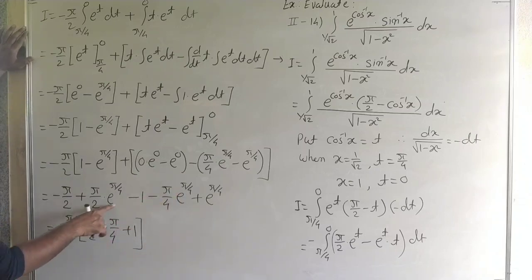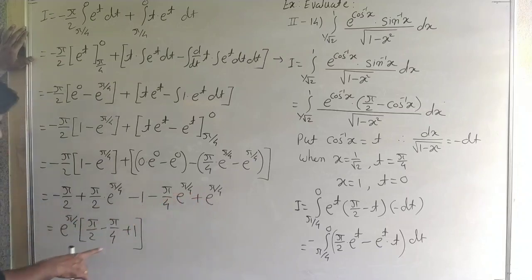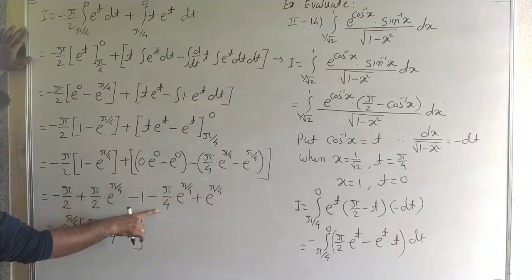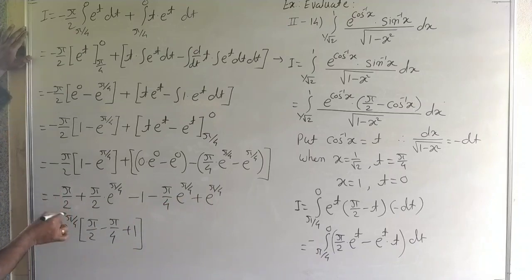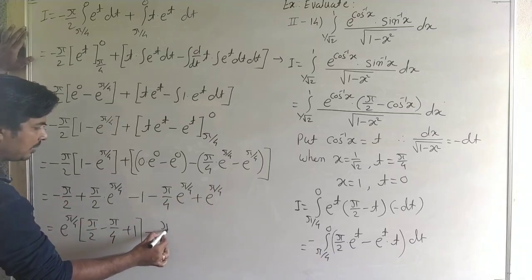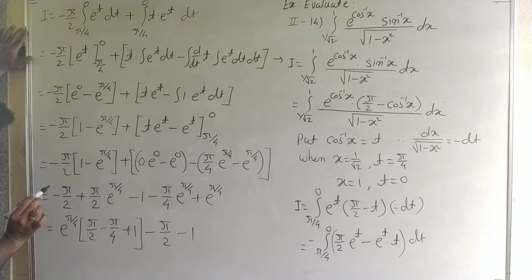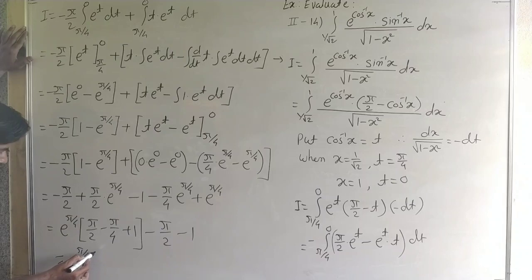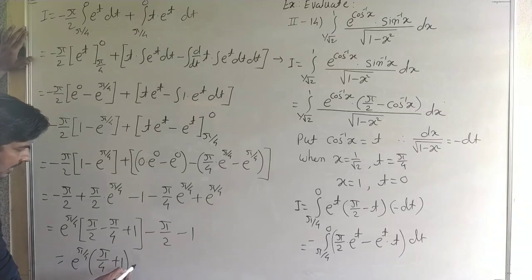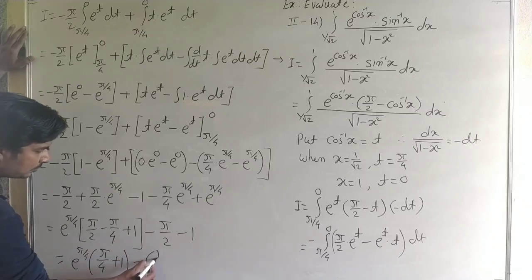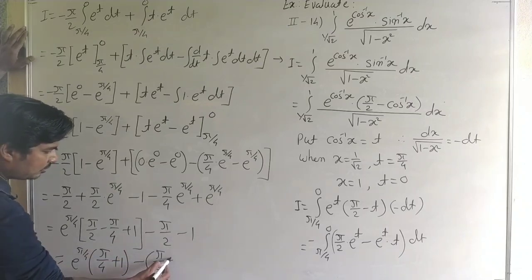So e to the power pi by 4 into pi by 2 minus pi by 4, plus 1, and here remaining minus pi by 2 and minus 1. Now the last answer, see carefully: it is e to the power pi by 4 into pi by 2 minus pi by 4, which is pi by 4, plus 1, and here take the minus common, pi by 2 plus 1.